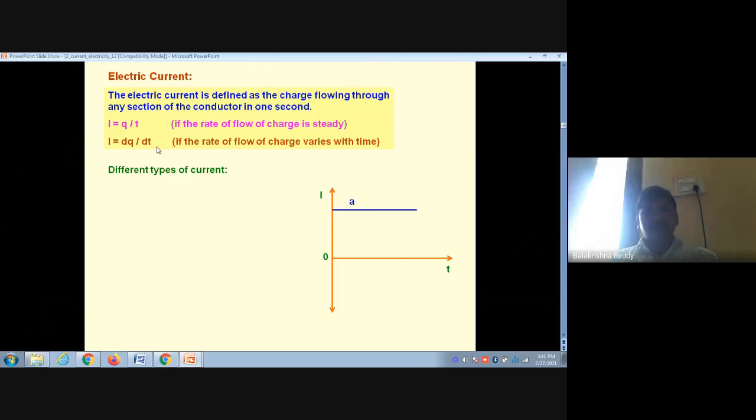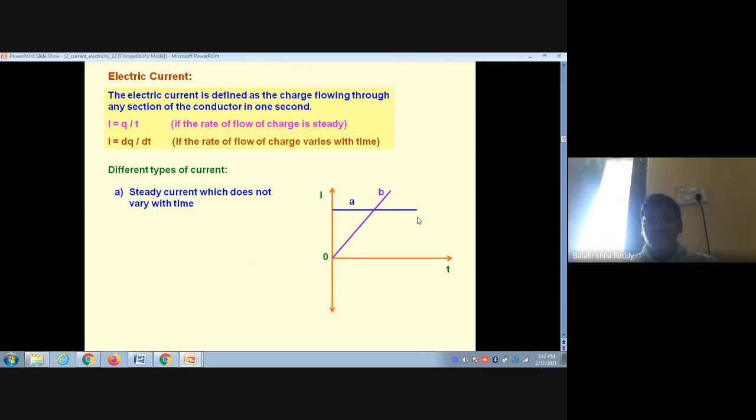See here, different types of current. First, with respect to time, the magnitude of the current is constant. It's not changing. So this current we call steady current, which does not vary with time. Now you are seeing the current gradually increasing with respect to time.